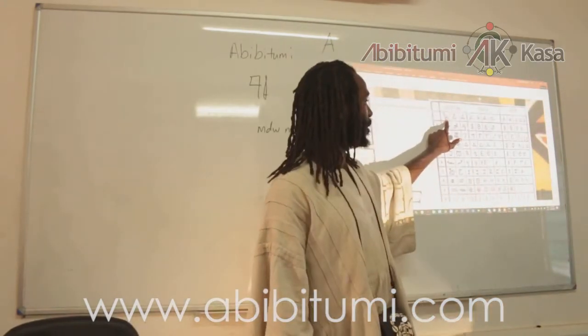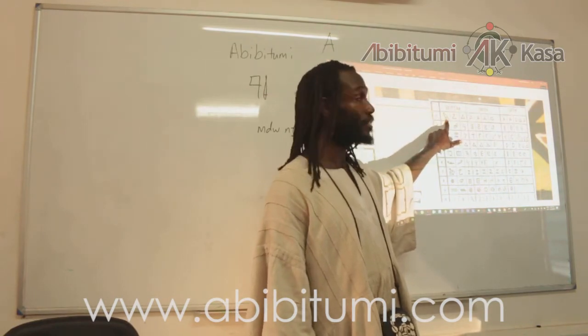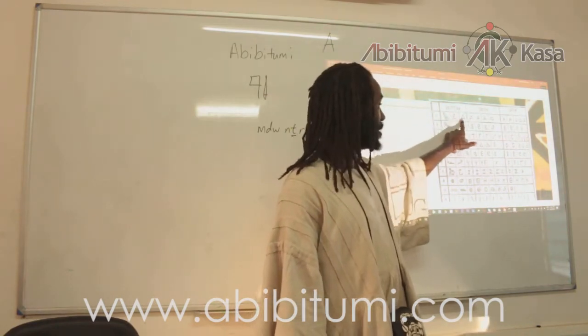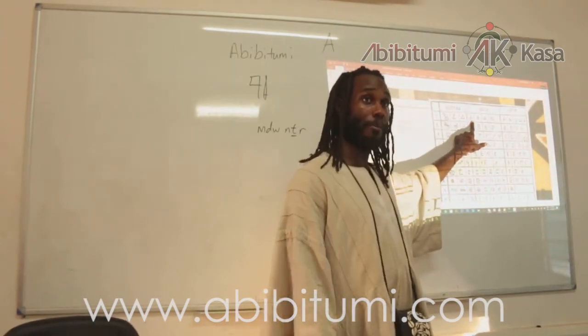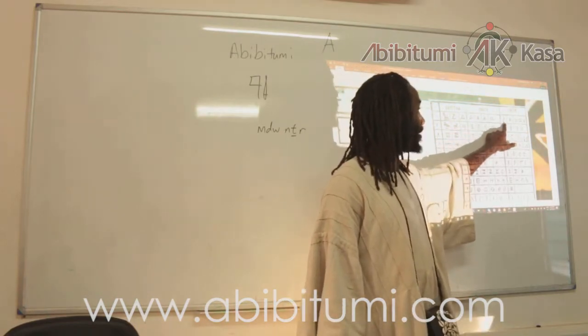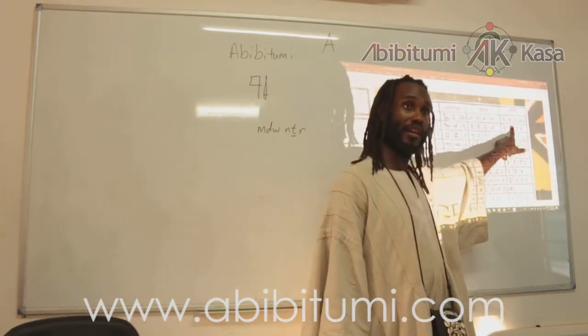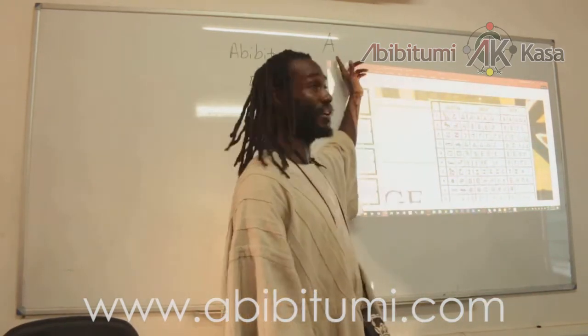But this is where you see the original letter. It's actually a type of vulture, and the vulture standing, eventually it became this in Greek because the Greeks came to learn from the black people, and then it derived to this in Latin, and then this is what you're using today.